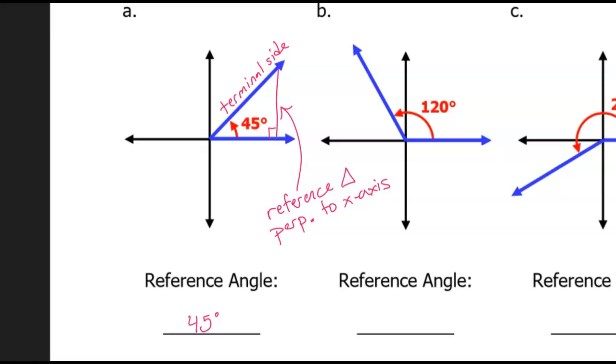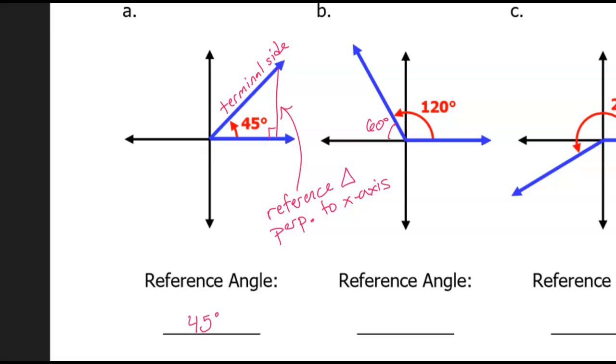Now look at part B. Is 120 a reference angle? No, it is not acute. What do you think the reference angle is in this problem? We want an angle with the terminal side and the x-axis. 60.